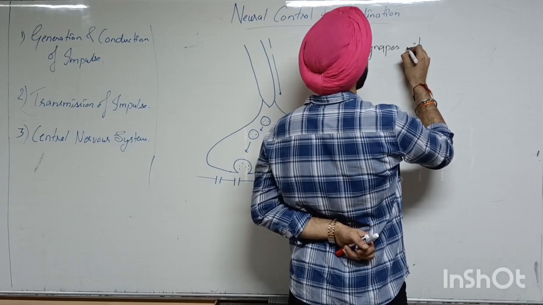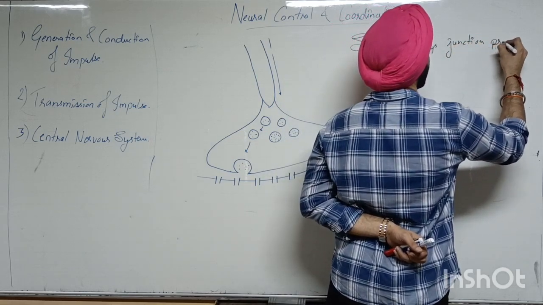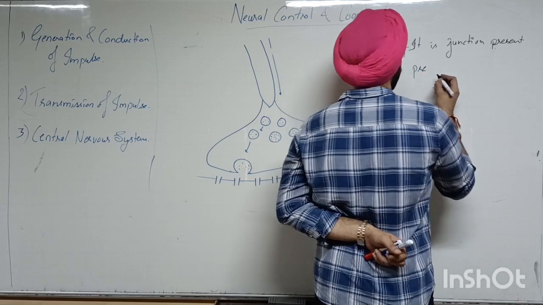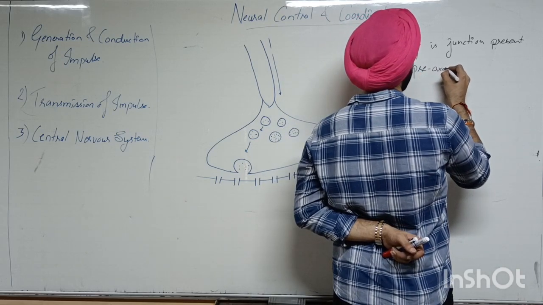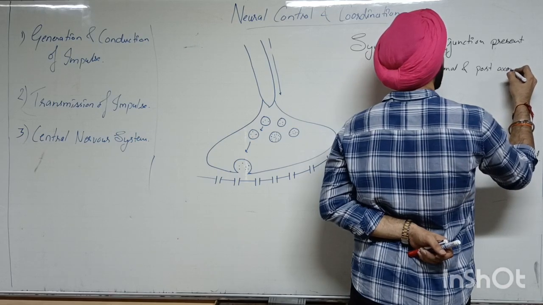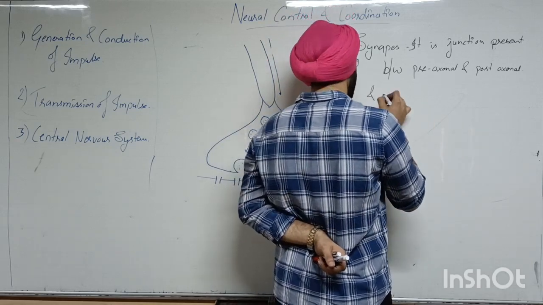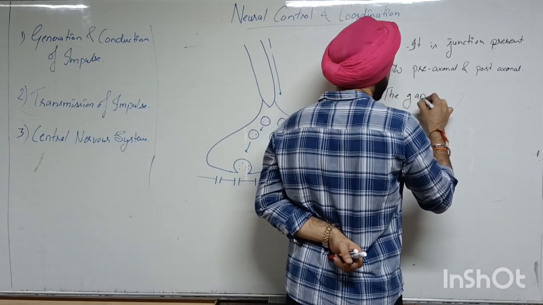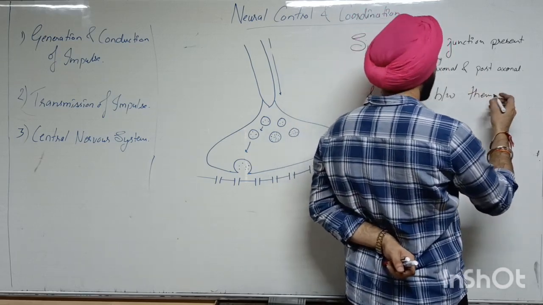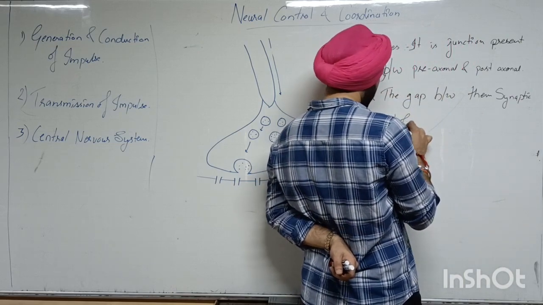It is the junction present between the pre-axonal and post-axonal parts, and the gap between them is known as the synaptic cleft.